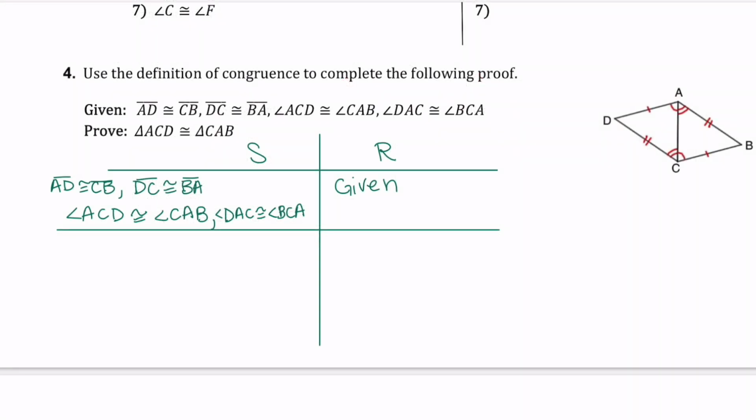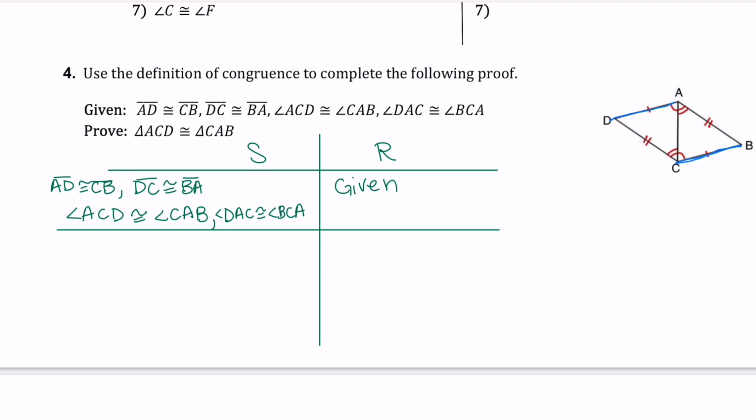We're going to use the definition of congruence to complete the proof. So if two figures are congruent, then all of their sides are going to be the same and all of their angles are also going to be the same. So let's just look at what is given. I've written it down here. We know that AD is congruent to CB.